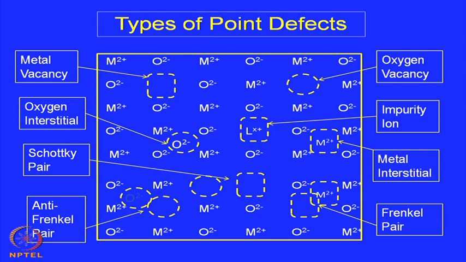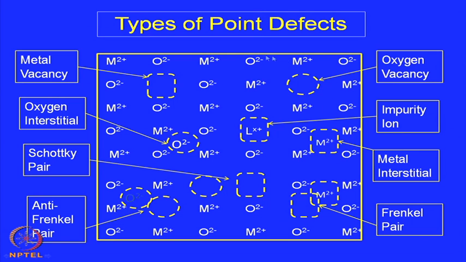So, we have an array of such divalent ions, alternate ions of metals and oxygen, which is basically a cubic arrangement, and in these lattice points there may be different kinds of distortions or deviations. We have listed quite a few of them here.